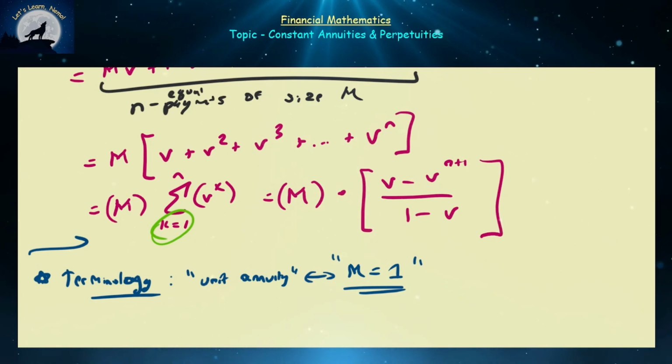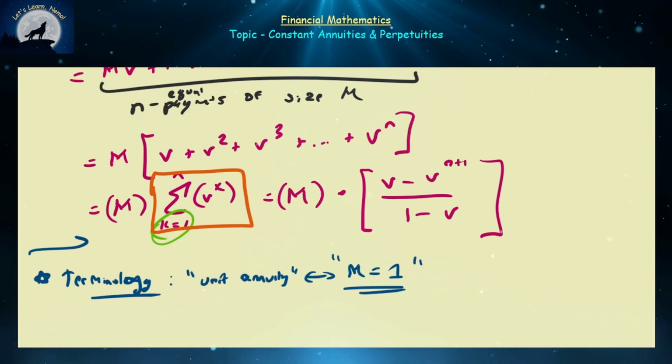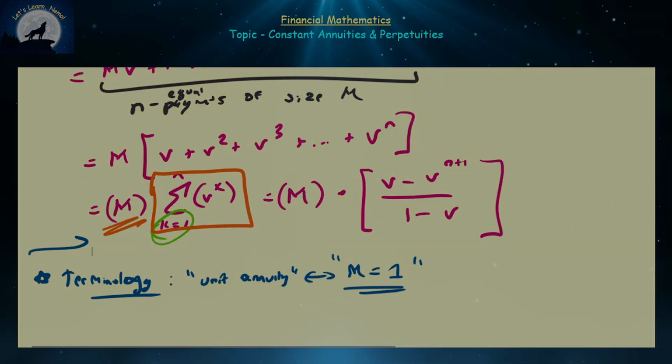Because if you look at this particular object, this is actually a unit annuity. So if you know how to find the present value of a unit annuity, and your annuity is not constant, you can just multiply that unit annuity by the amount for which that annuity actually does compound on each of those particular points in time.